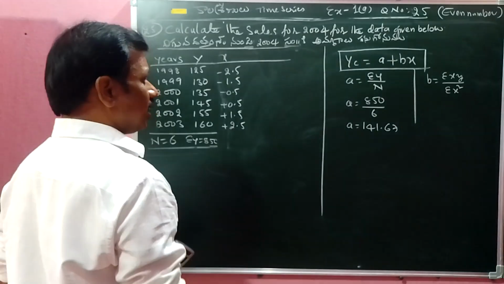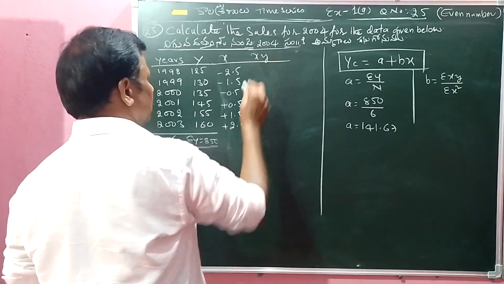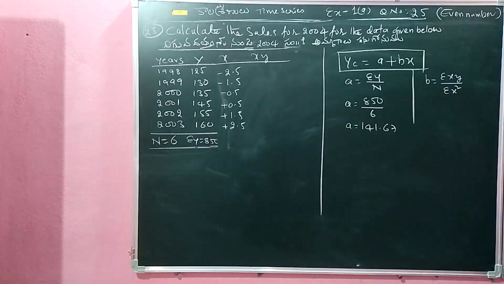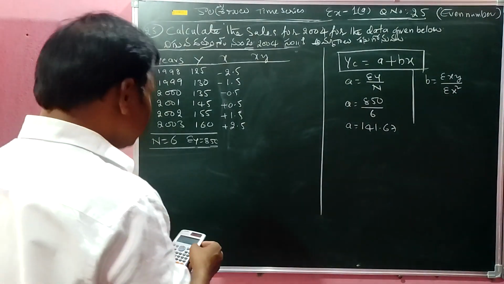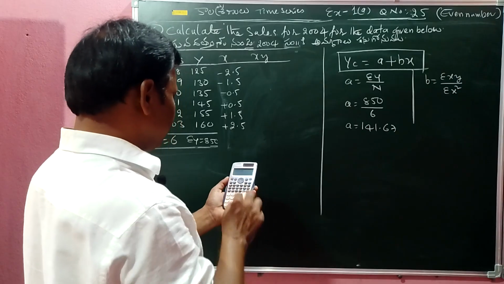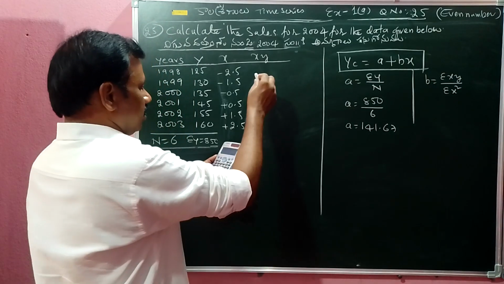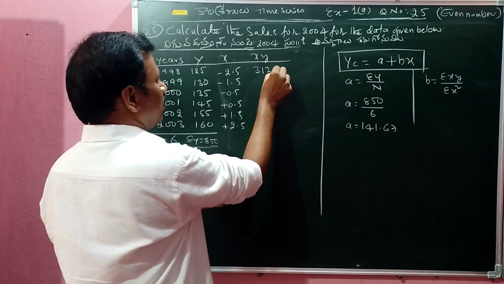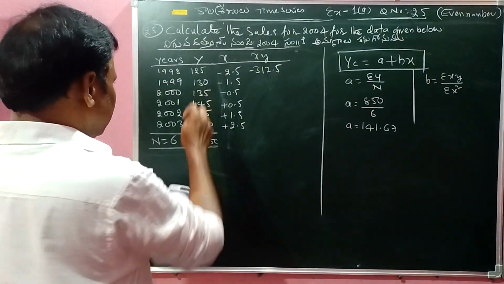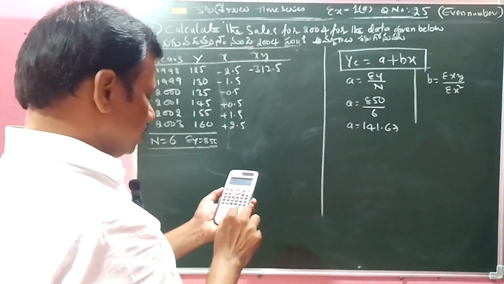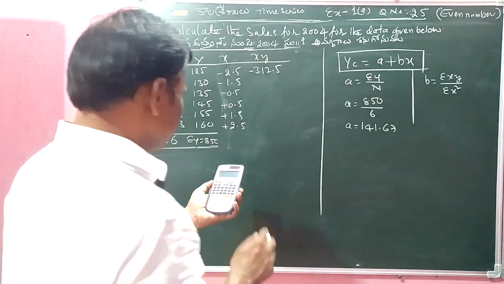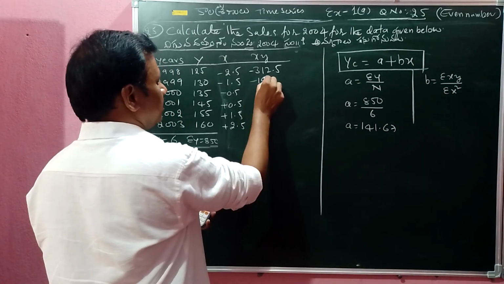Next calculate xy. How to get xy? X into y. So 125 into minus 2.5, it is minus 312.5. Next 130 into minus 1.5, that is minus 195.